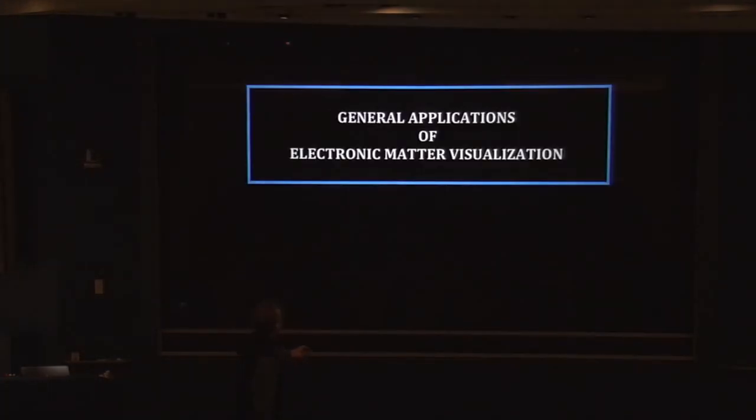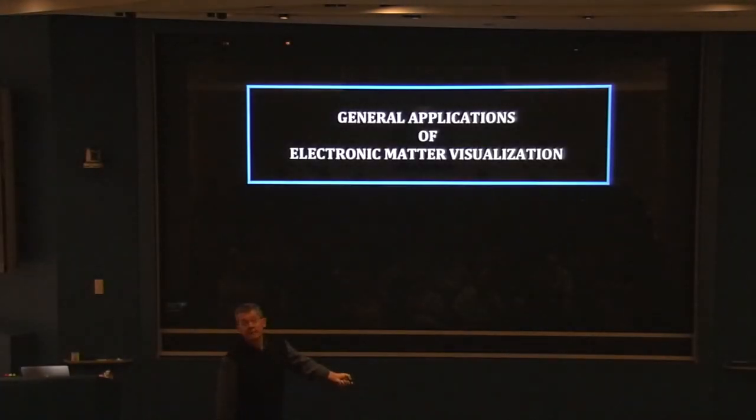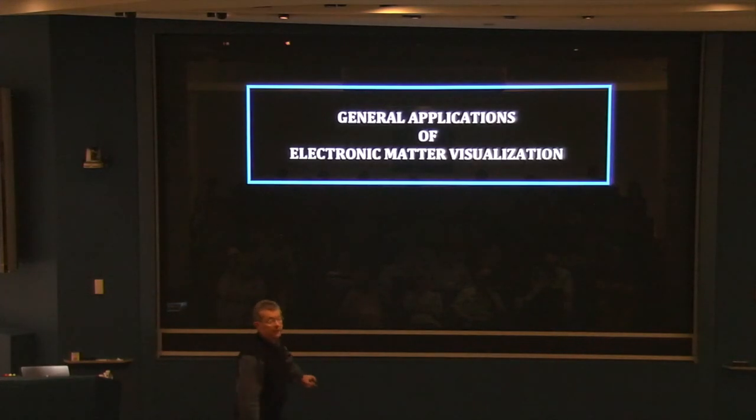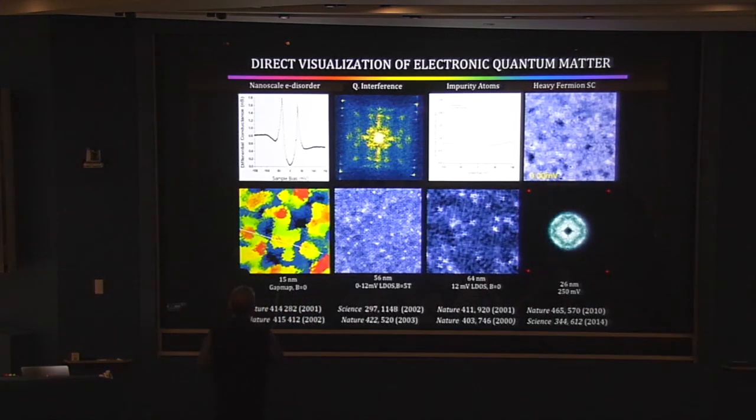Okay. There are many, many general applications of this approach to visualizing quantum electronic matter, which I don't work on. There are probably half a dozen or more of these labs in the world, and more being built all the time. But among the things you can do, you can image electronic disorder at the nanoscale. You can image the wave functions, the Born wave functions.